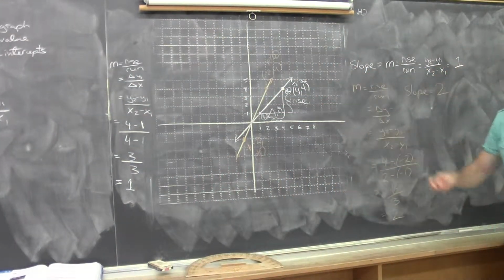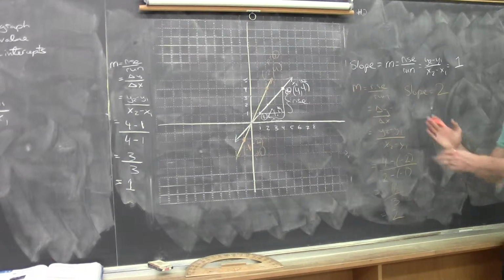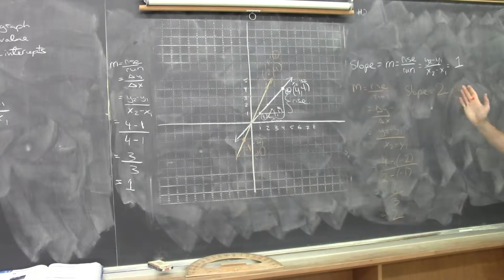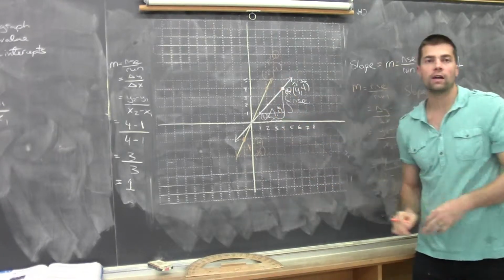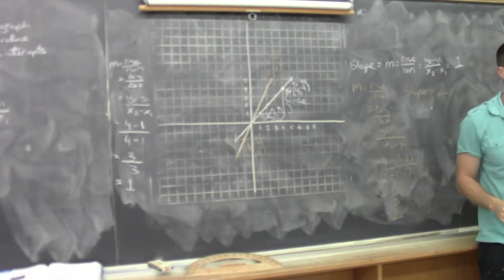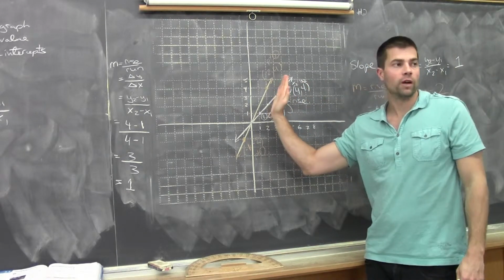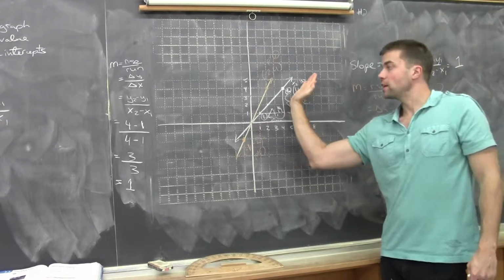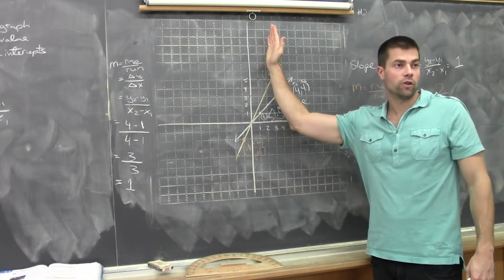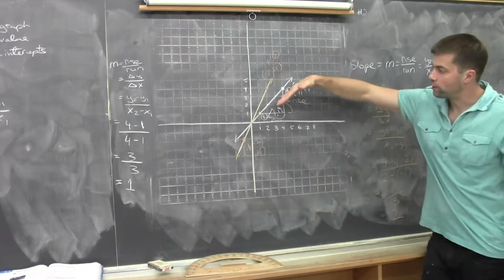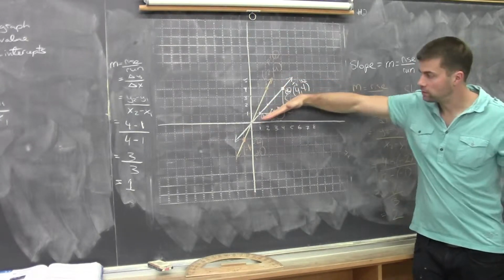One thing I want you to notice is that as the slope becomes higher, going from 1 to 2, the steepness of the line becomes greater. Here's 1, here's 2. If my slope is 10, well guess what? This line is going to go almost straight up. If the slope is lower than 1, the line comes down further like that.